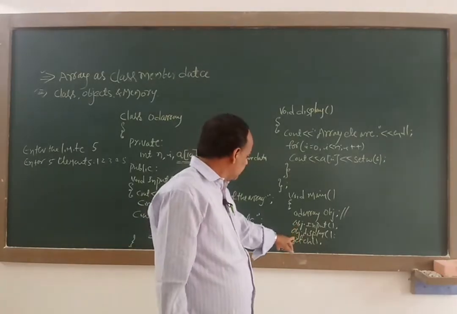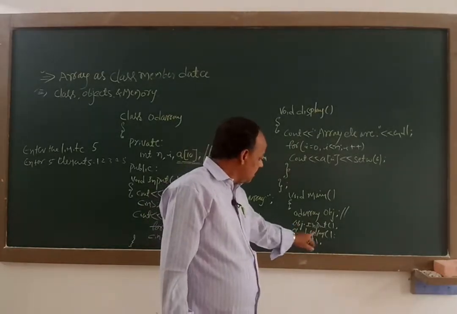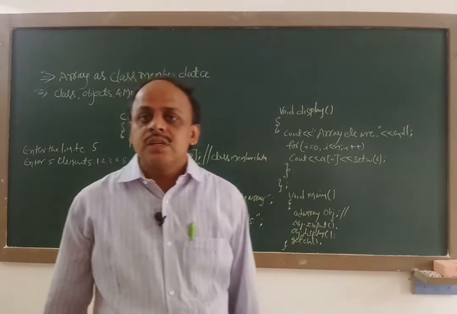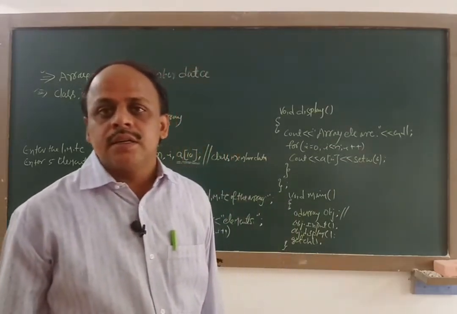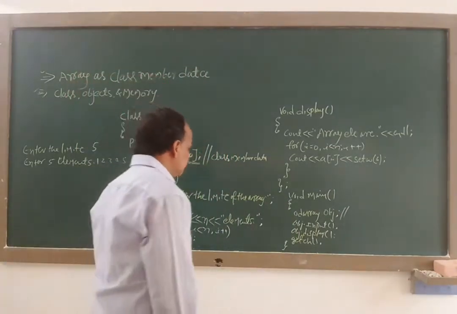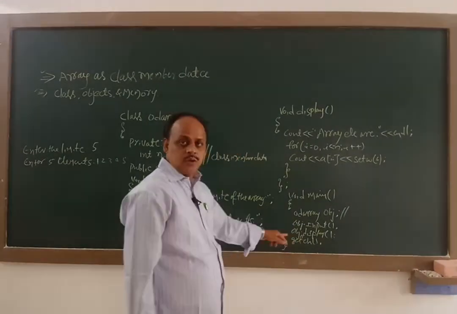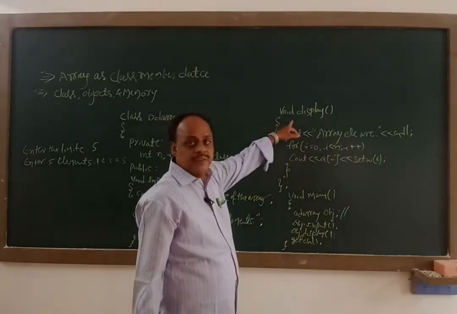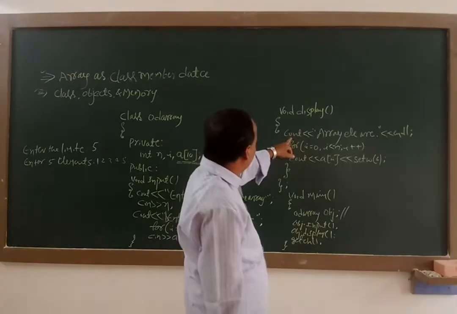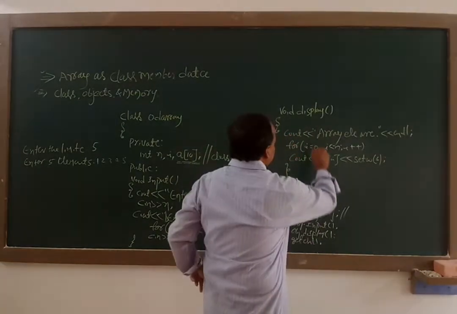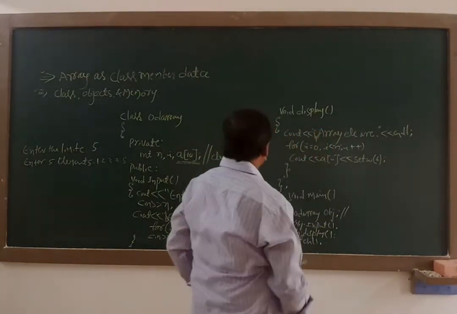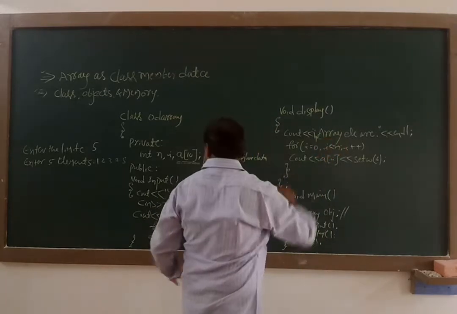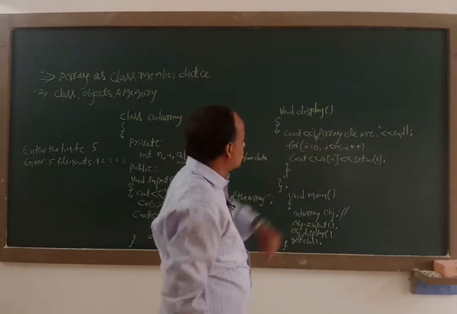It comes once again to the main function. In the main function, object dot display function. Then the cursor goes to the display function of the class. Here I am putting slash n, so this line is printed on the next line: array elements are.